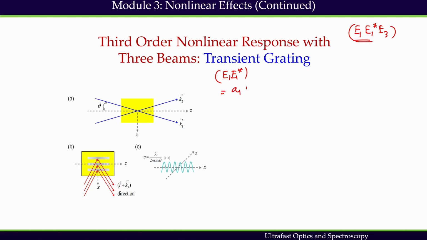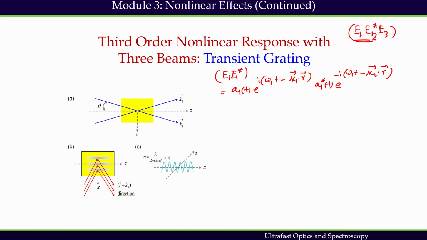A1 is nothing but A1(t) e to the power i(omega 1 t minus K1 dot r), multiplied by A1 star(t) e to the power minus i(omega 1 t minus K2 dot r). We are saying that E1 is multiplied by E1 star, but this is actually E2 star, which is equivalent.